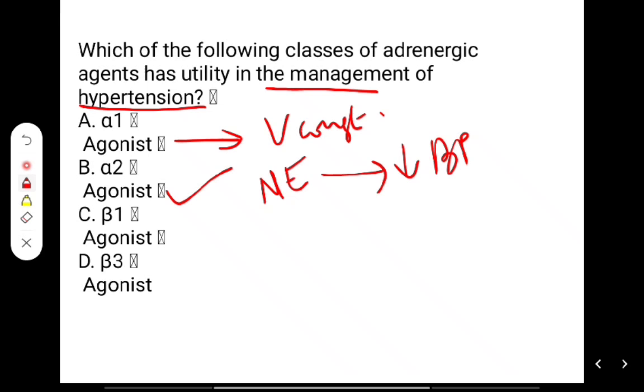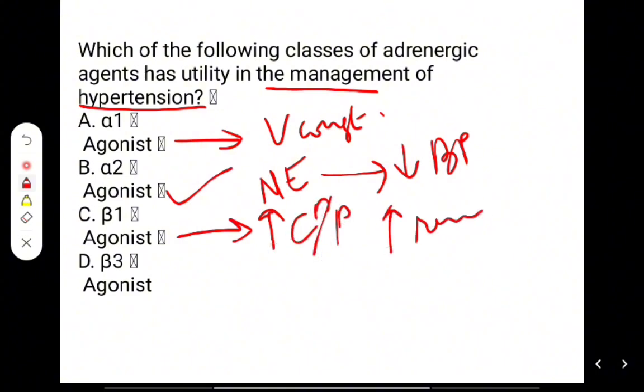Beta 1 agonists will cause increased cardiac output and increase renin release. Beta 3 agonists are not used in the management of hypertension because they are used in overactive bladder.